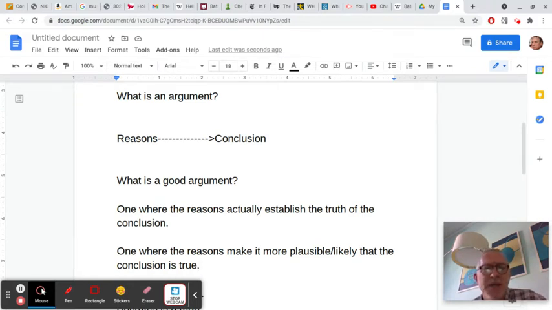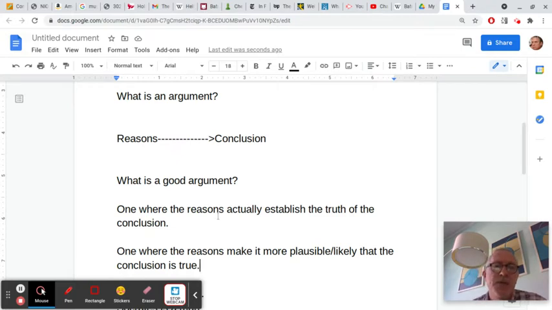So we may say that a good argument, at least in some subject areas, is not one where we definitively establish the truth of the conclusion, but one where the reasons make it more plausible, more probable, more likely that the conclusion is true. It's the same sort of thing, where we're evaluating the strength of the reasoning and the degree to which the reasoning actually supports the conclusion.